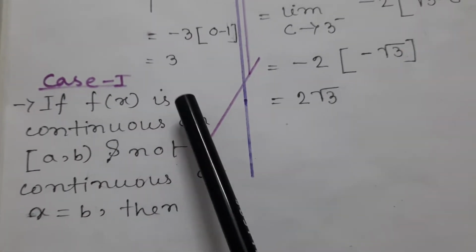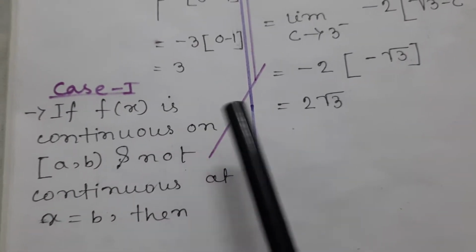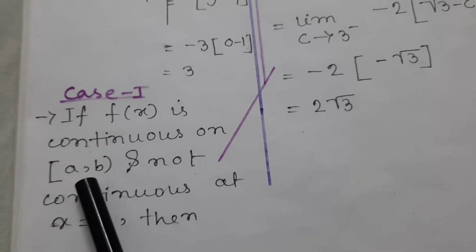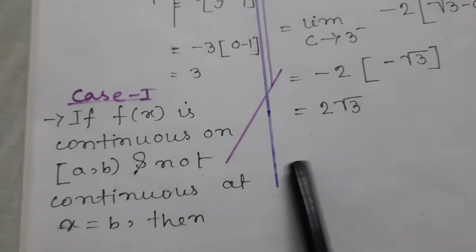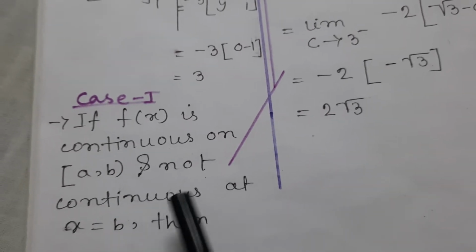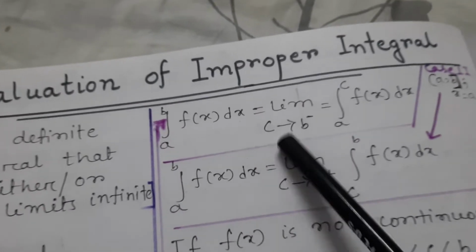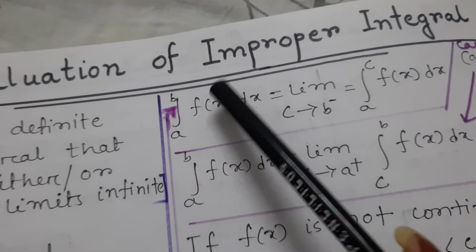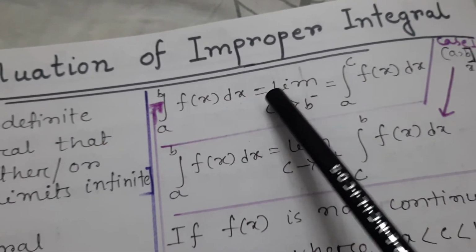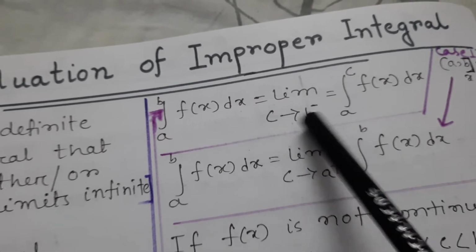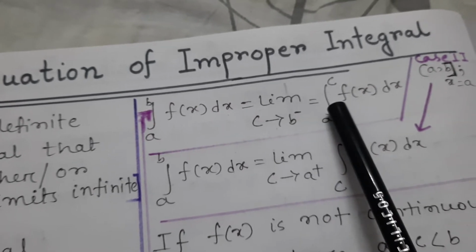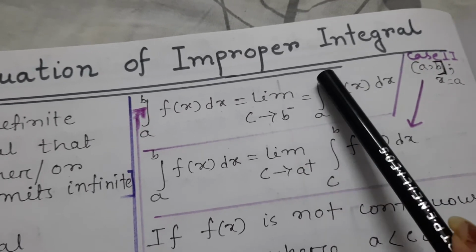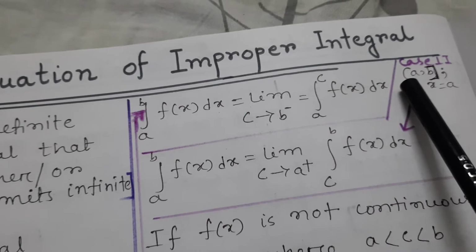So for case 1, if f of x is continuous on the interval [a, b) and not continuous at the point x equal to b, then the integration from a to b of f(x) dx is equal to the limit as c tends to b from the negative side of the integration from a to c of f(x) dx.